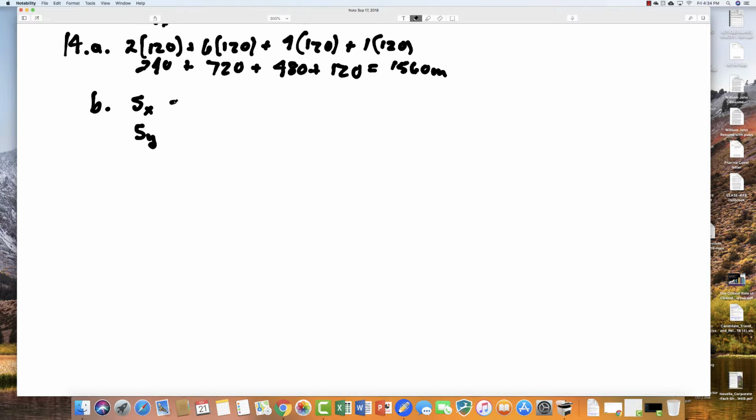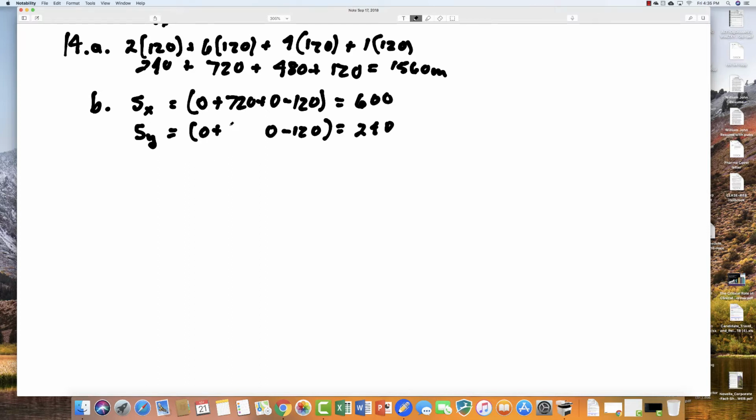The x component of the displacement is going to equal the following: 0 plus 720 plus 0 minus 120. Again, look at your diagram in the book. That'll help you figure out where I got these numbers. The y component of the displacement is going to be 360.